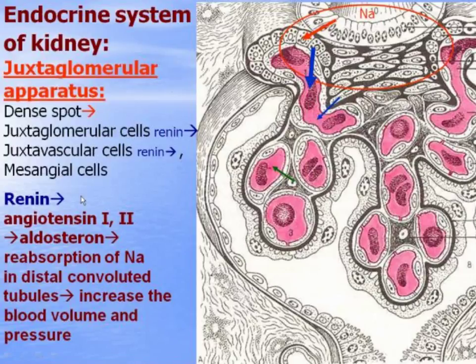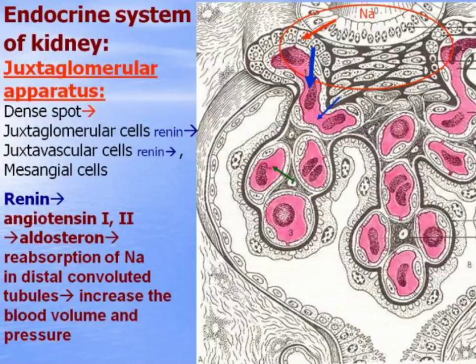And renin is an enzyme. It provides conversion of angiotensinogen to angiotensin 1, then converted by a special enzyme to angiotensin 2, which stimulates the secretion of aldosterone by the zona glomerulosa of the suprarenal glands, and it stimulates the reabsorption of sodium ions in the distal convoluted tubule.